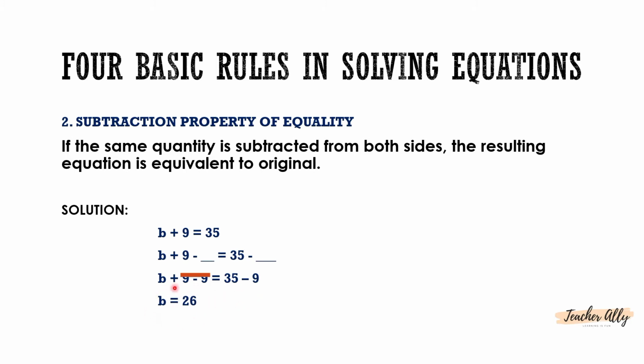So the value of B is 26. To check the solution, substitute 26 to the original equation. 26 plus 9 equals 35. 35 equals 35. Therefore, the solution is correct.